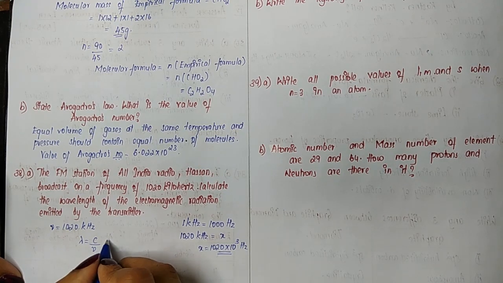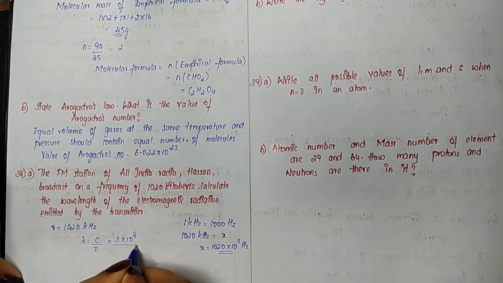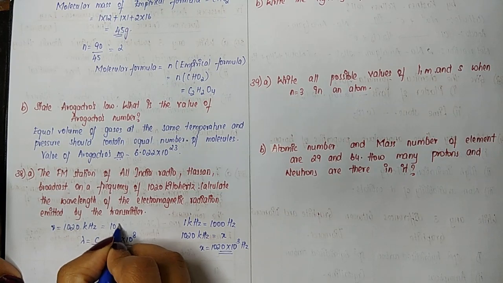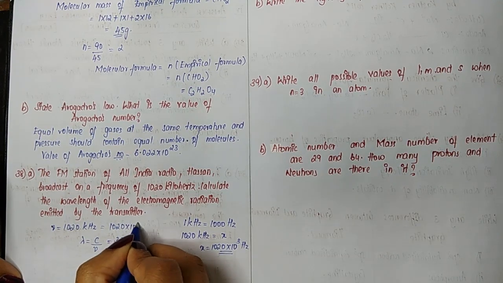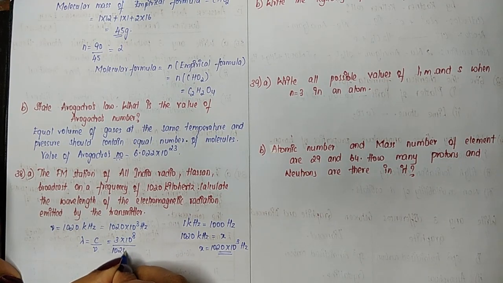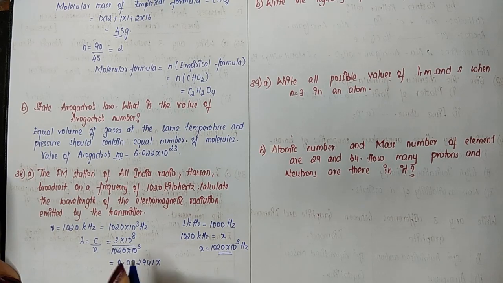C is a constant. So C is equal to 3 into 10 to the power 8 divided by the nu value which we just converted, that is 1020 into 10 to the power 3 hertz. So just substitute this 1020 into 10 to the power 3. When we divide 3 by 1020, you get 0.002941 into 10 to the power 3.